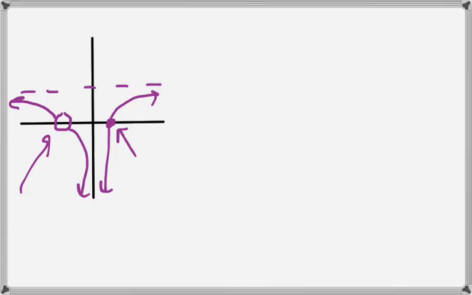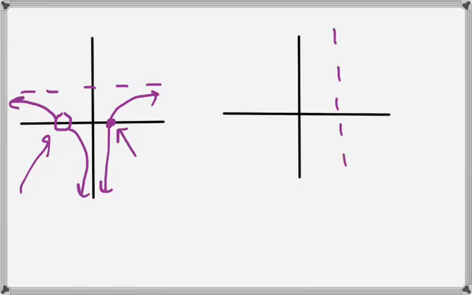So any place where we have a hole in the graph, we'll need to inspect. And the function could change sign at a vertical asymptote as well. For example, this function is negative on the left side of the vertical asymptote and positive on the right side. So those are the three things that we need to look at: our x-intercepts, our holes, and our vertical asymptotes.